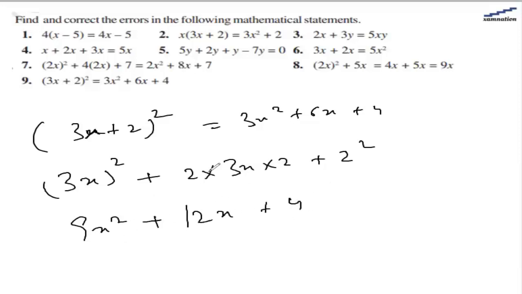As you can see, the coefficient of x square is incorrectly marked. That should be 9. And also the coefficient of x should be 12 instead of 6. So that is what should come in the right hand side.